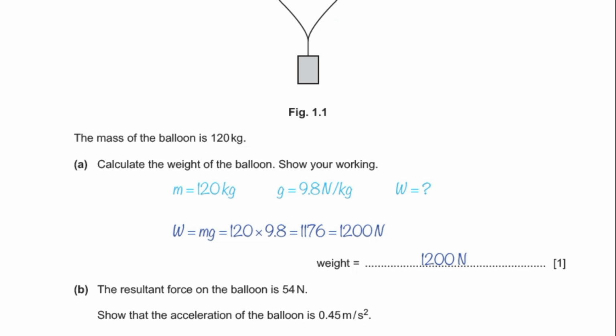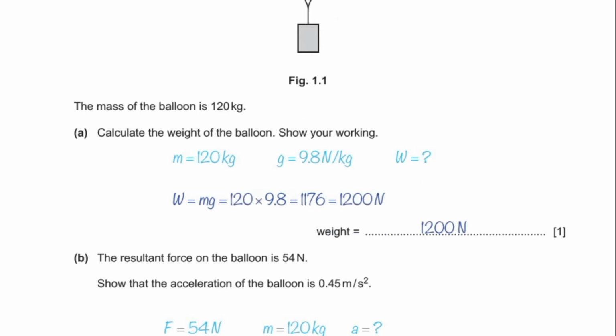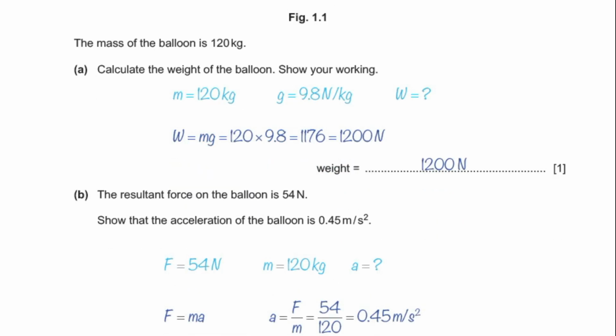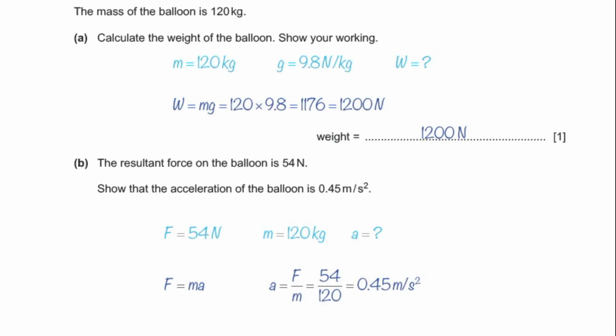Using Newton's second law, force equals mass multiplied by acceleration. Rearrange for acceleration. Acceleration equals force divided by mass. Substituting the values, acceleration equals 54 divided by 120, which equals 0.45 meters per second squared. This confirms that the balloon accelerates at 0.45 meters per second squared.